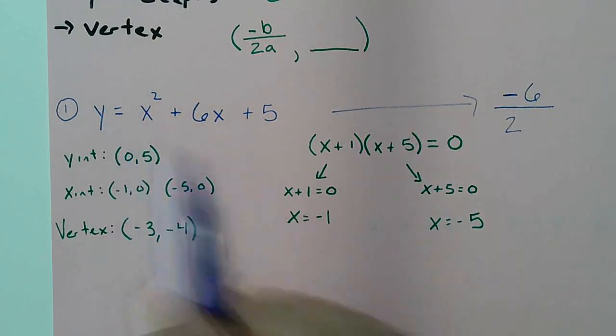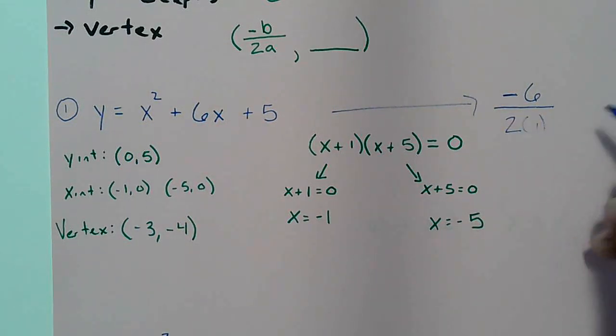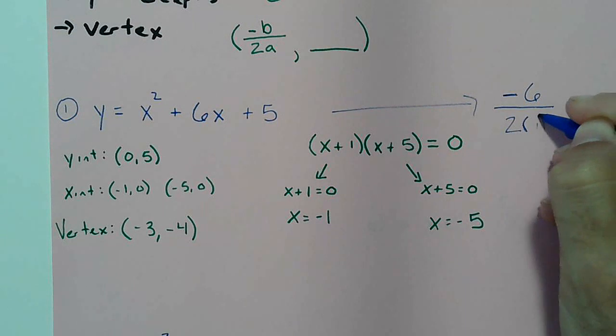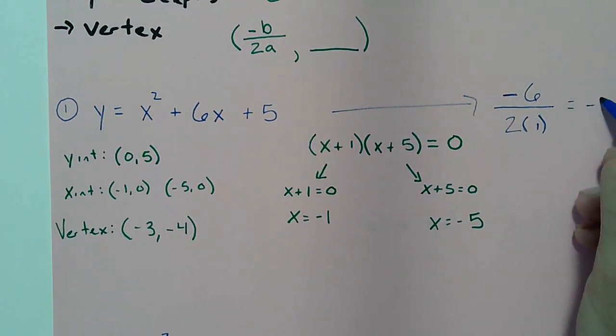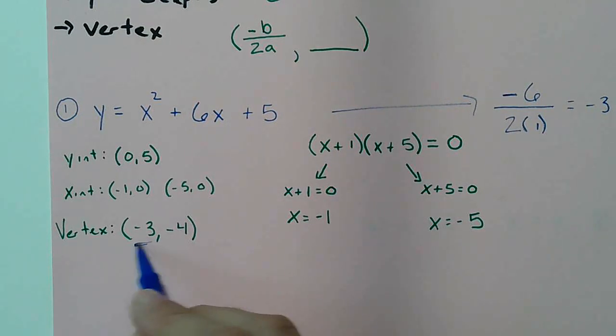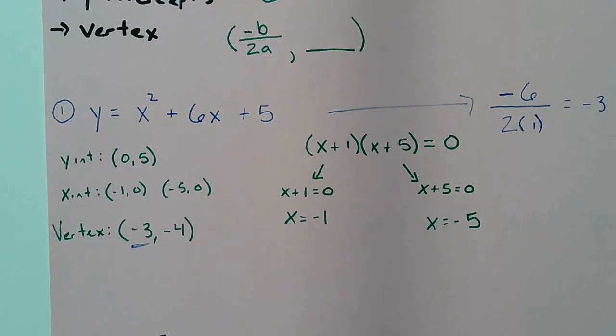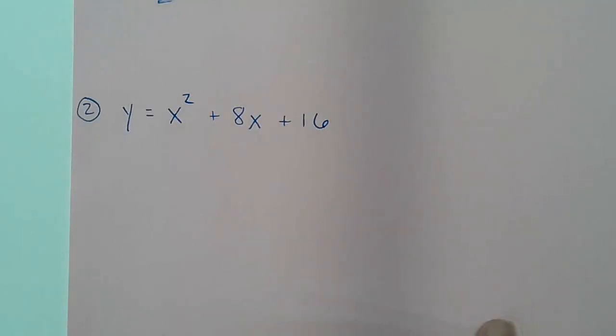And a is 1. So that would be negative 6 divided by 2, which is negative 3. And we see we got that same value for our vertex, and then we'd have to take that value and substitute it in.